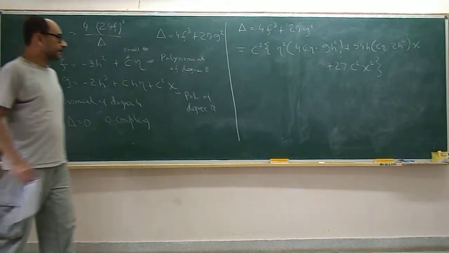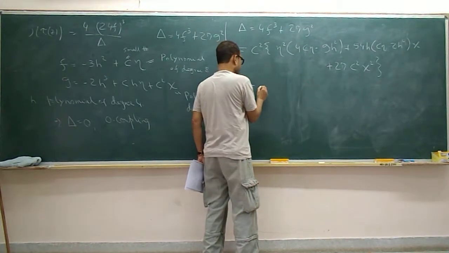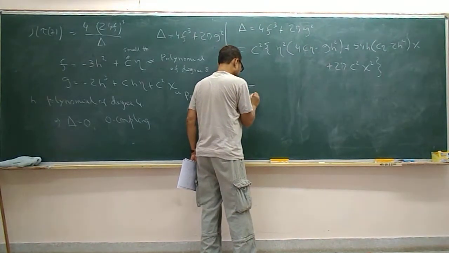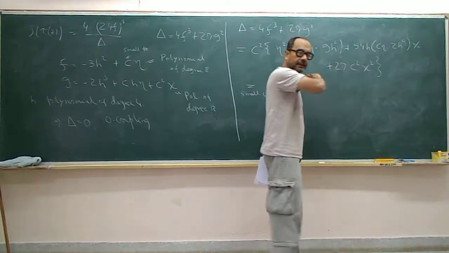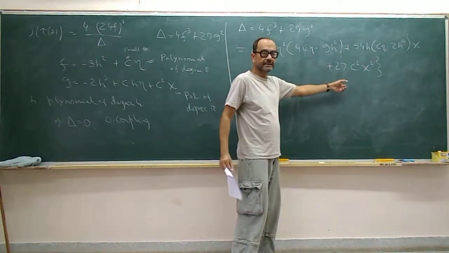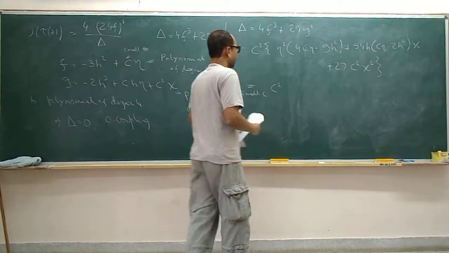But now we'll see the advantage that we have for the c going to zero limit. So this becomes, for small c, c square, and inside this we'll keep only the c independent pieces, because we are taking c to be small, the rest we are taking to be of order 1.